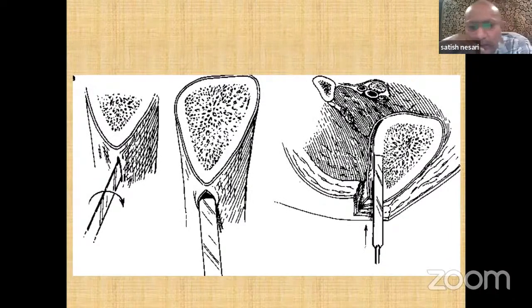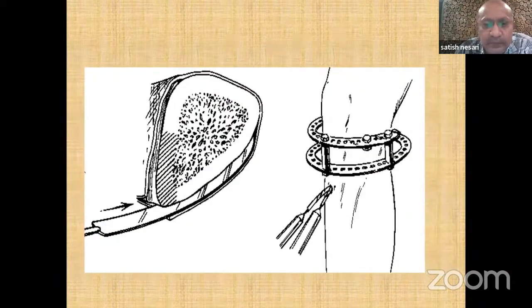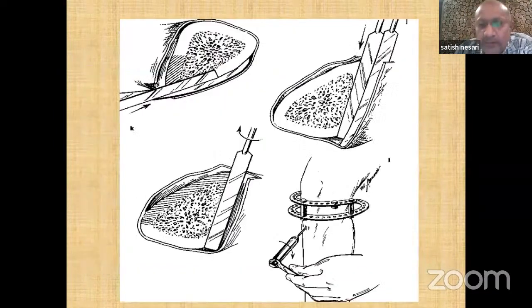A 5 mm or 10 mm osteotome is taken, and you can see here only the cortex has been severed.